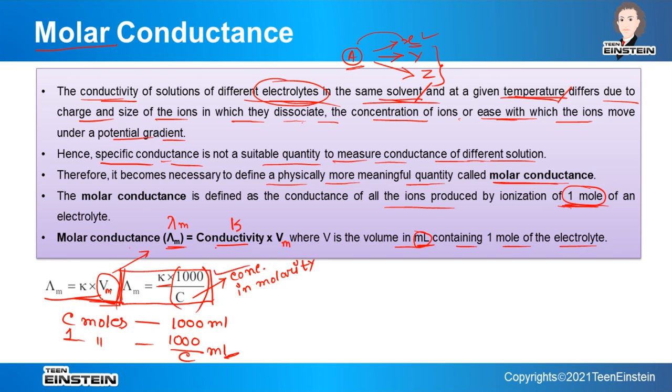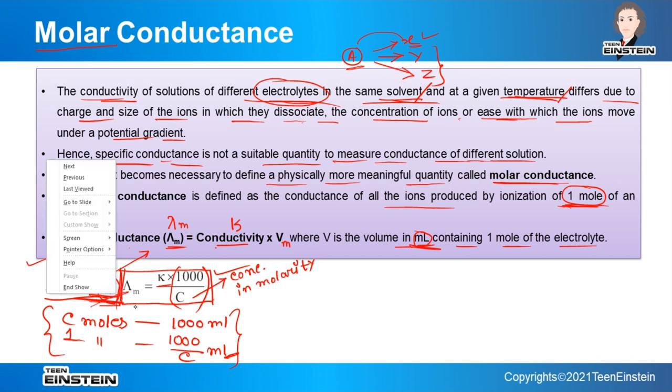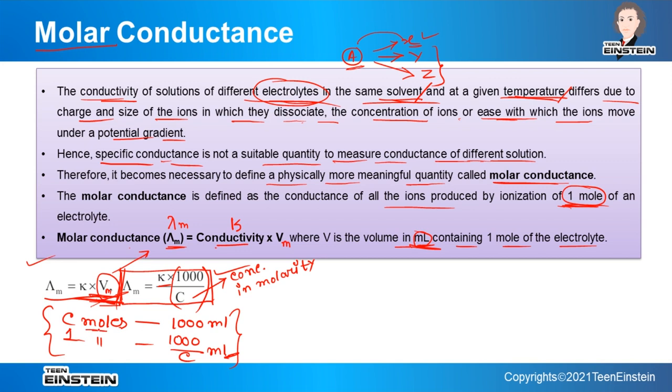But if any other units are given instead of ml, suppose there is any other unit for volume, then you should use this equation, that is kappa into Vm. And by this calculation you can easily find out the value of Vm, because if you know the concentration, you will obviously know how to calculate Vm, which is molar volume.